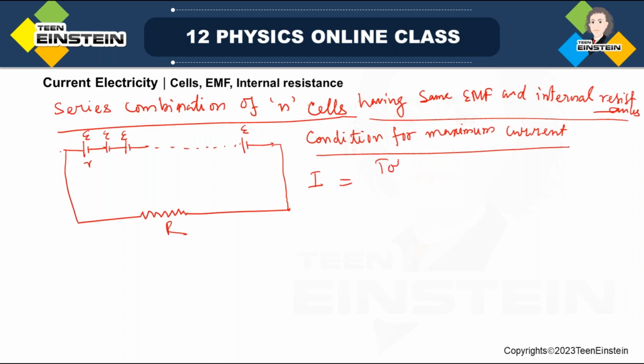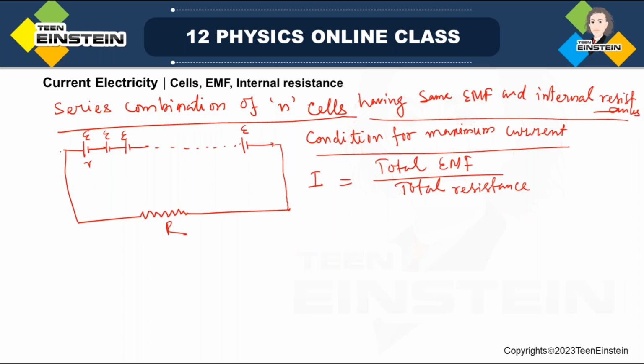So it is the total EMF of the circuit divided by the total resistance. So that is the current.